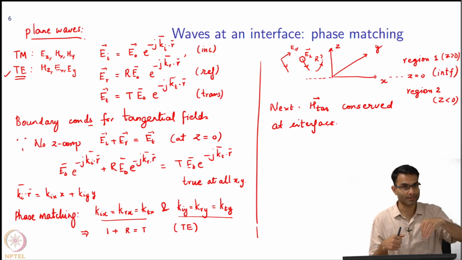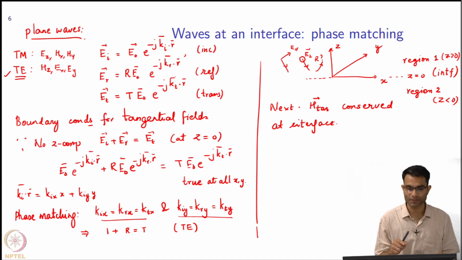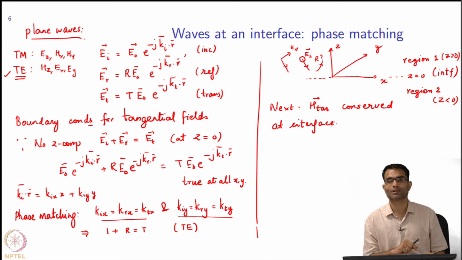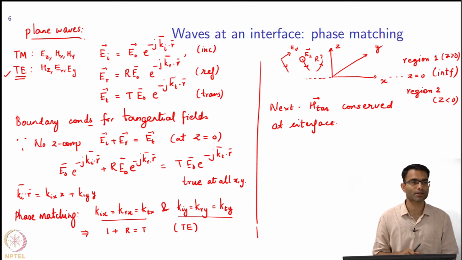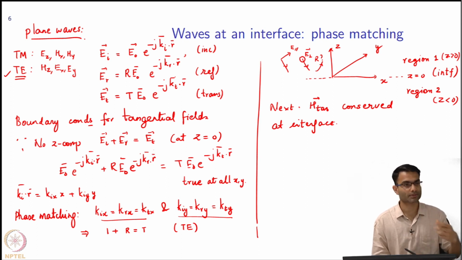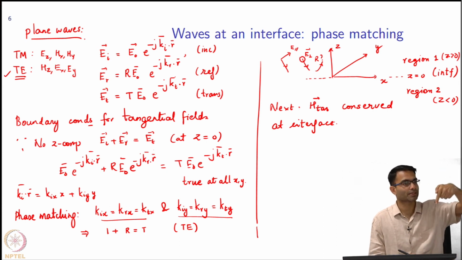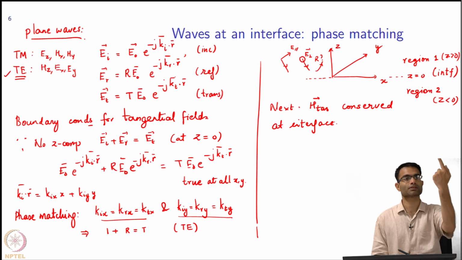Incident is going in minus z, reflected is going in plus z, right? So, z is the one making the difference, but the z term vanished from this phase matching condition. Only at the interface. I mean, boundary conditions are anyway true only at the interface. Okay. The z component of the wave vectors will be very crucial, we will come to it subsequently, but that is a good point. You have a wave vector that is going like this, if I flip the sign of the z component, it will just go up, right.